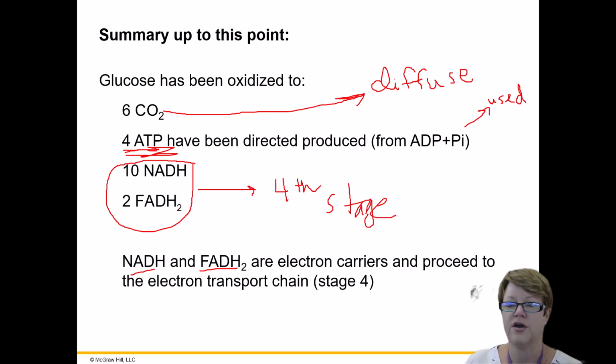So it has this very long name. And so that is where we're going to start in the next lecture segment. I'm going to go through that 4th stage, which is going to be where we get most of our ATP, because at this point we've only made 4, and I told you we should be making a total of 30-something. So the biggest yield of ATP is actually going to come in this 4th stage of respiration.